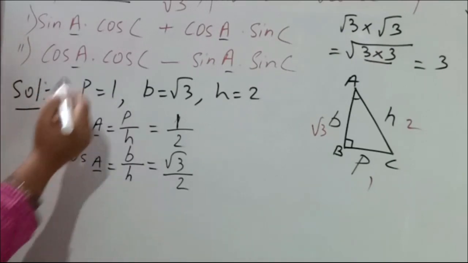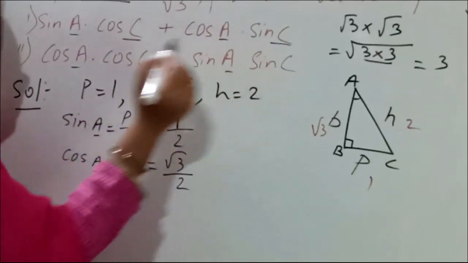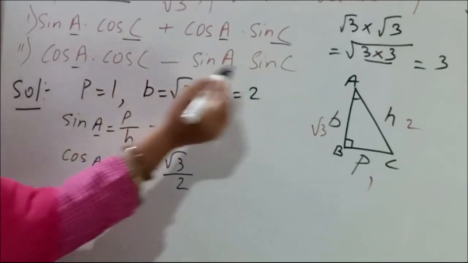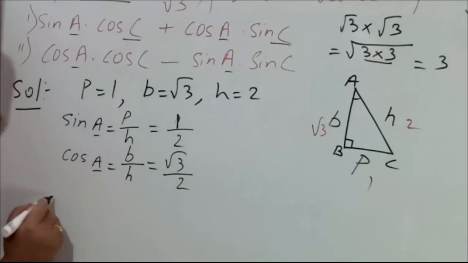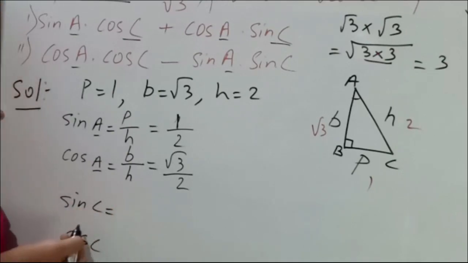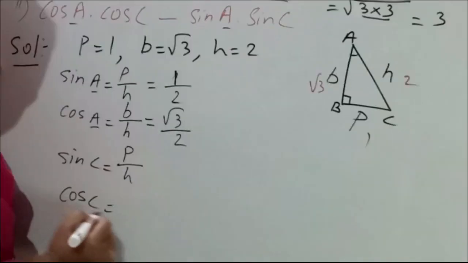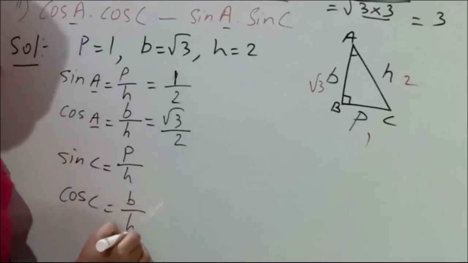Now according to the question, again, what do we want? We want cos C and sin C. Sin theta is perpendicular by hypotenuse, cos theta is base by hypotenuse.